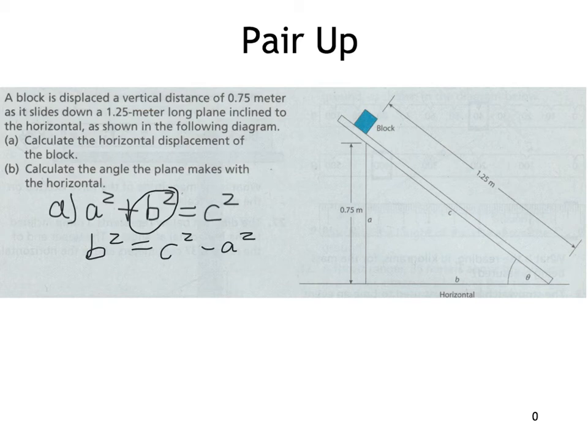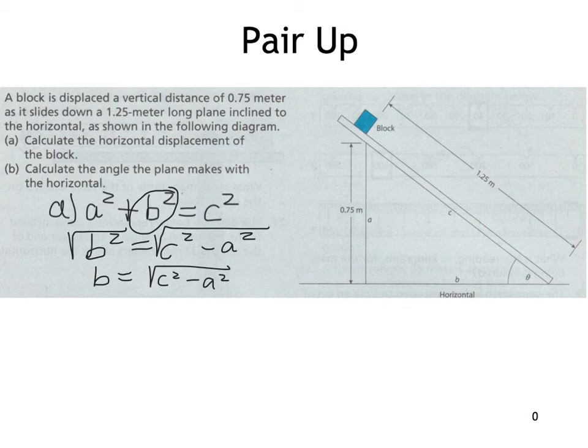Now, I don't really want my answer to be b squared. I want my answer just to be b. So one thing you can do is take the square root of both sides. That's the fair way to do it in an equation. And then you will get, ultimately, b equals the square root of c squared minus a squared.